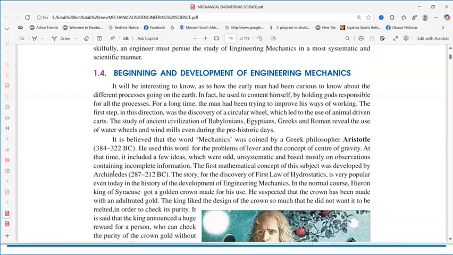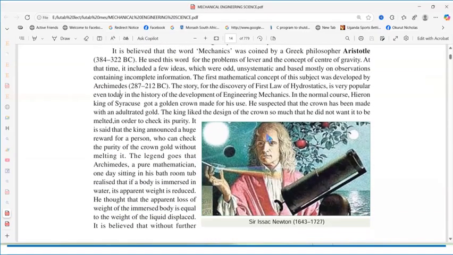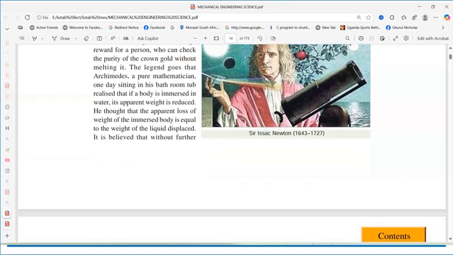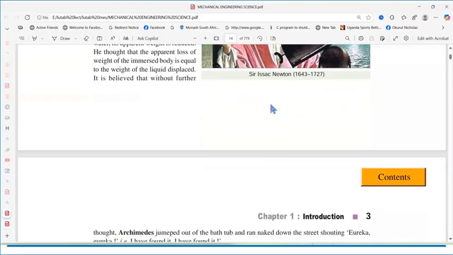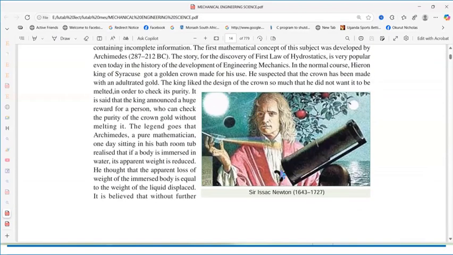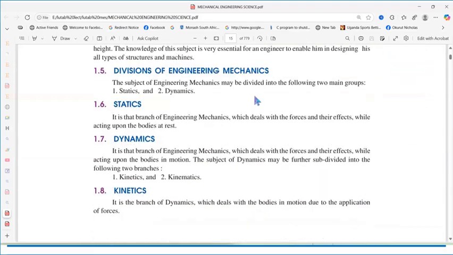Then you'll have Archimedes, and the most important person is Sir Isaac Newton, who lived from 1643 to 1727. You'll find that much of his work is studied by engineers as they start their engineering career and even throughout their engineering practice. So let's look at the divisions of engineering mechanics.